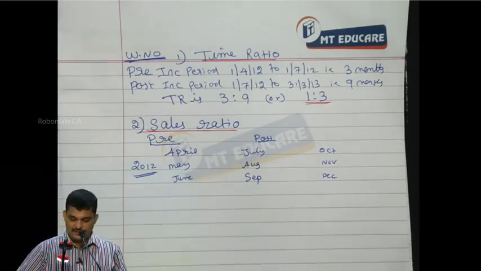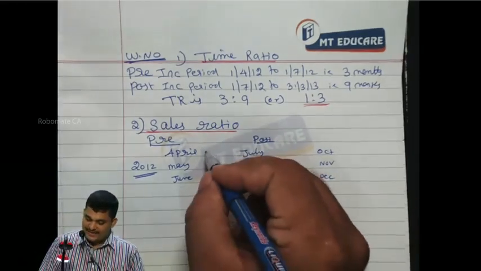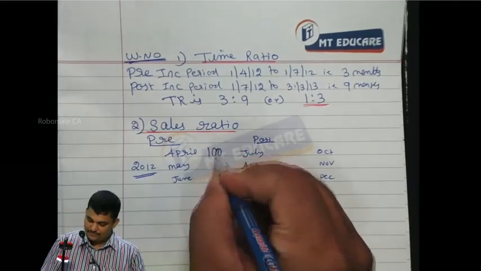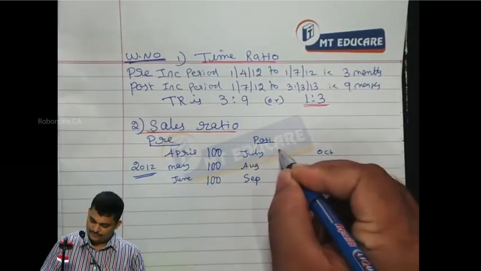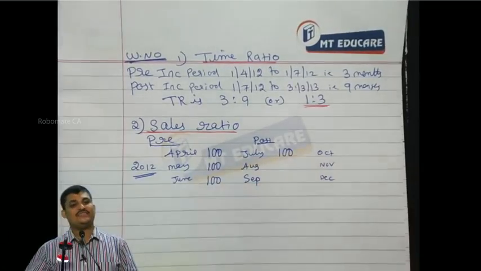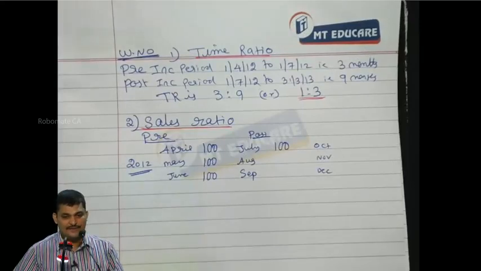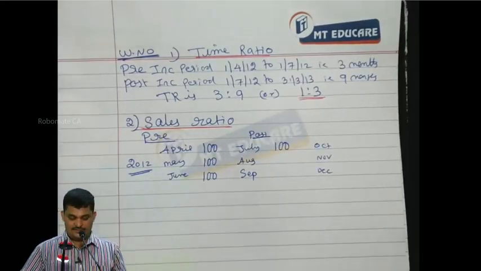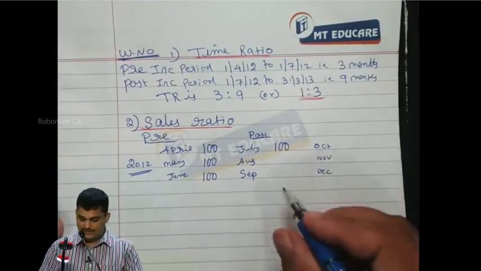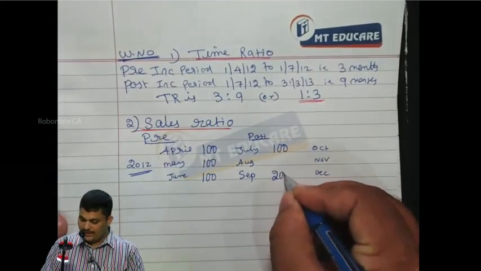Let the first 4 months' sales be 100. From September onwards it has doubled, so it becomes 200.